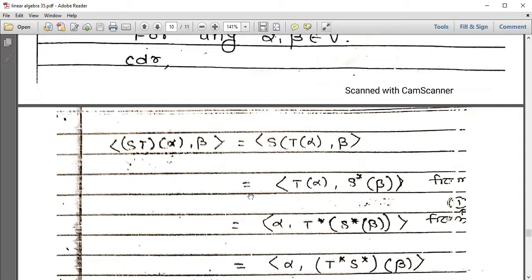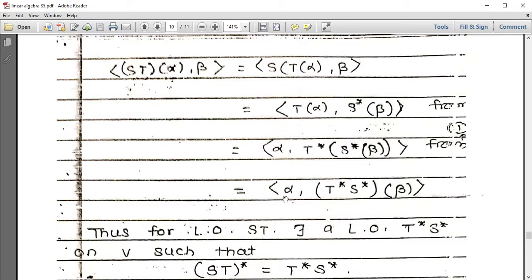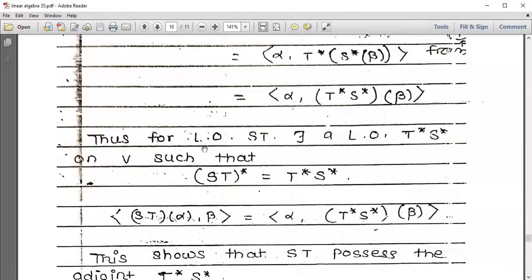This is equal to the inner product of T(alpha) and S star of beta, by the definition from 1. Hence, it is equal to the inner product of alpha and T star S star of beta. Thus, for the linear operator ST, there exists a linear operator T star S star on V such that the inner product of ST(alpha) and beta equals the inner product of alpha and T star S star of beta.